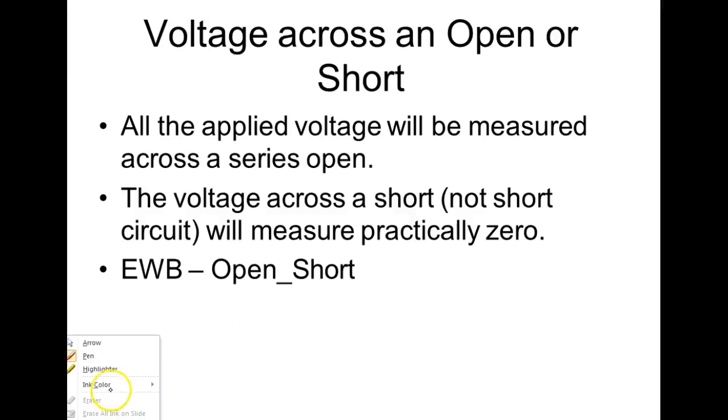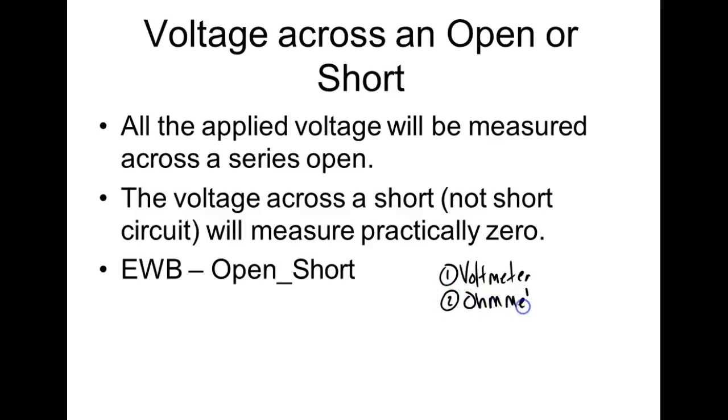Yeah, primarily the big one we use is the voltmeter. The next one we use is what we call an ohm meter. And then probably the least used is what we call an ammeter.